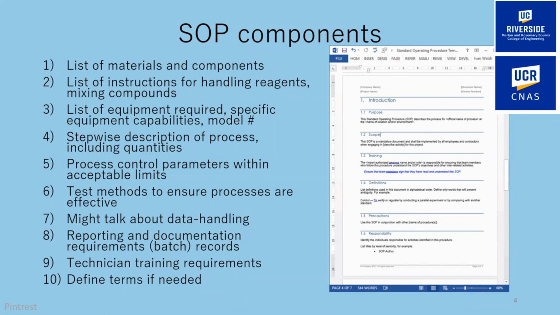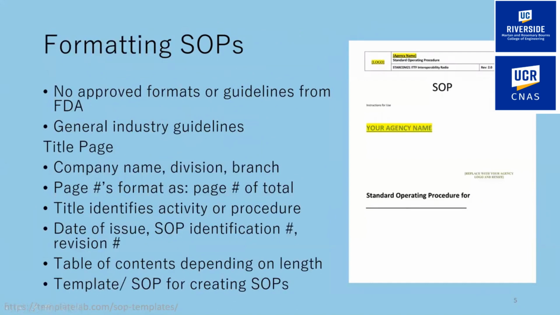These are sometimes called batch records for the batch of whatever it is you're manufacturing. If applicable, it'll also include training requirements for a given piece of equipment, and it'll define relevant terms if needed.